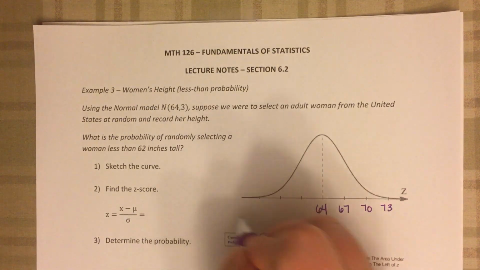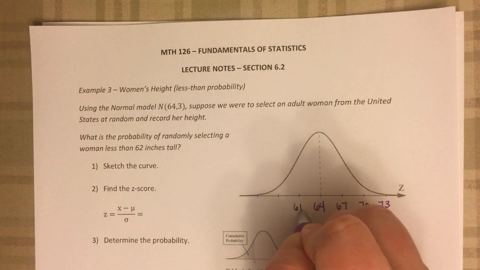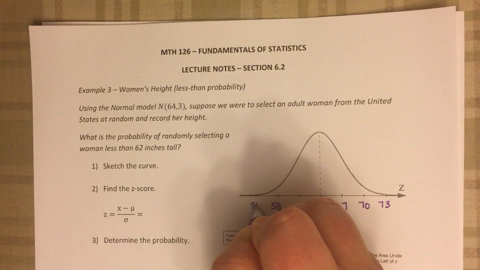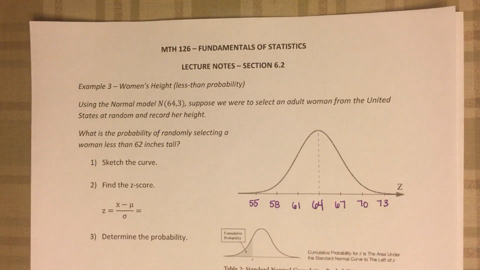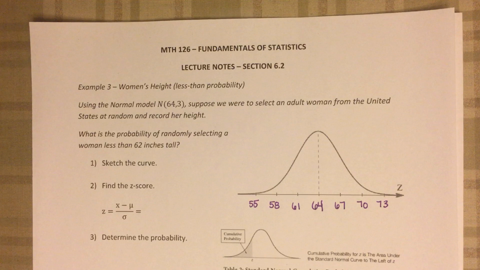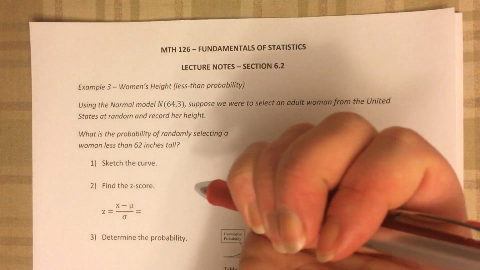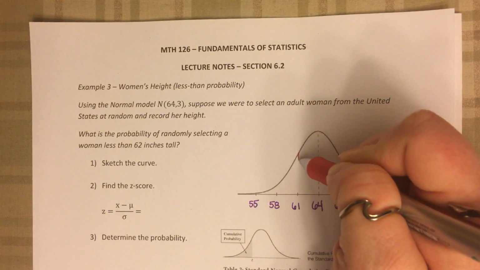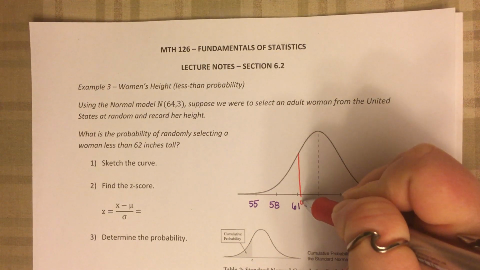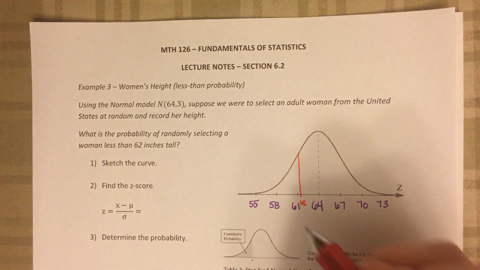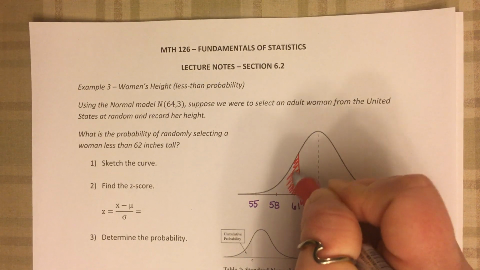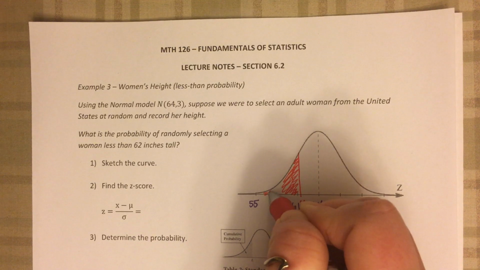As we move the other way, we subtract: 64 minus 3 is 61, minus 3 is 58, minus 3 is 55. Then in this first one, we are asked, what is the probability of randomly selecting a woman less than 62 inches tall? So 62 is right about here, and less than 62 means we want to shade this area over here to the left.